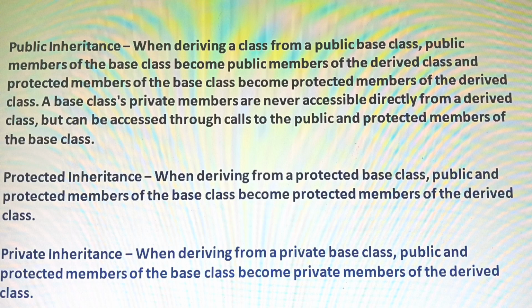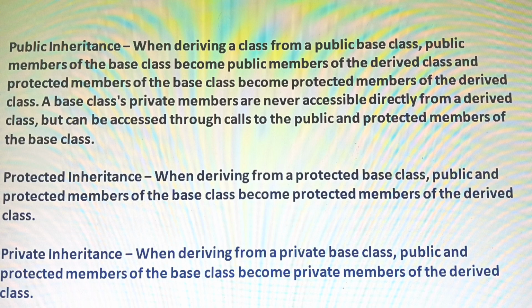While deriving from a private base class, the public and protected members of the base class become private members only. While inheriting the base class into the derived class, if the access specifier is private, the public and protected members of the base class become private members of the derived class.